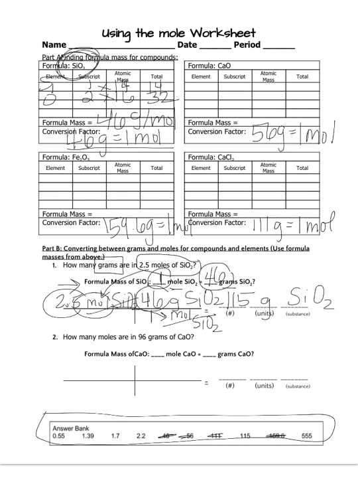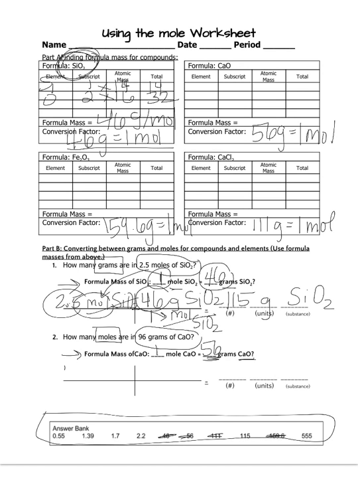And let's do one more example. We've got, in number 2, 96 grams of CaO, and we want to know how many moles that would be. So we got to fill in our formula mass, which we said was 1 mole, 56 grams, because remember, every time we change this formula, we have a new formula mass.